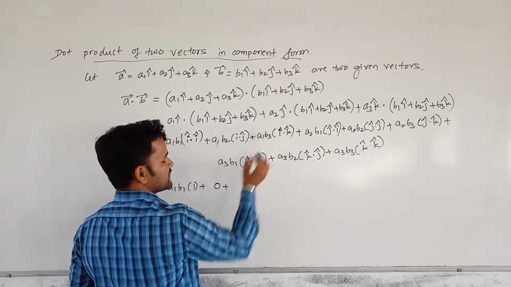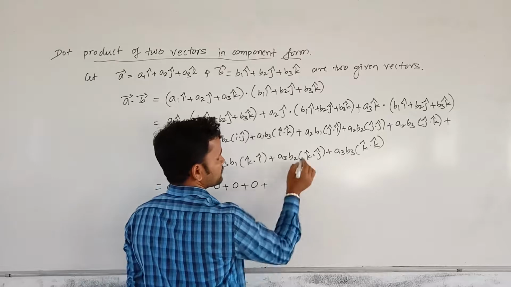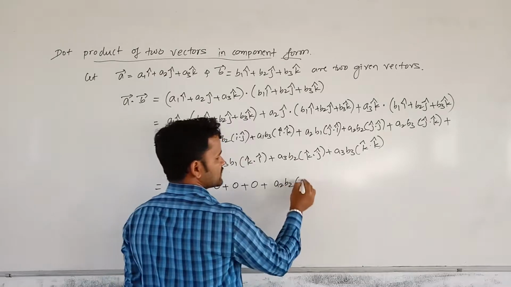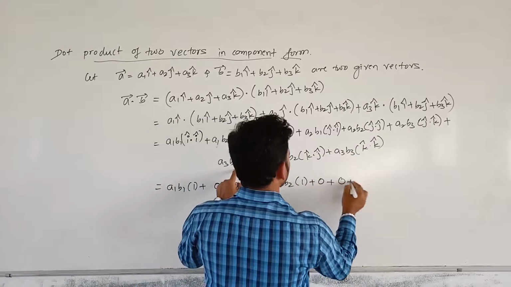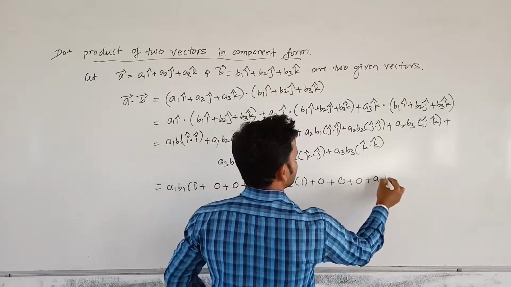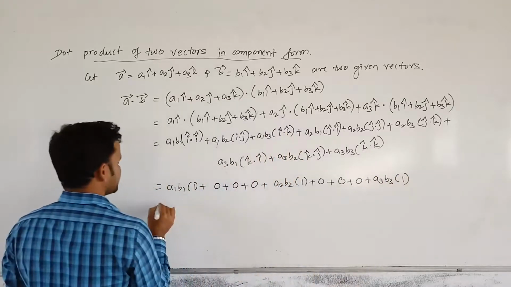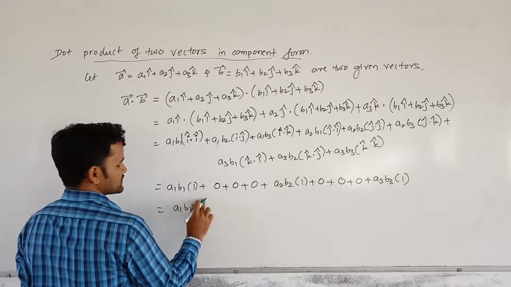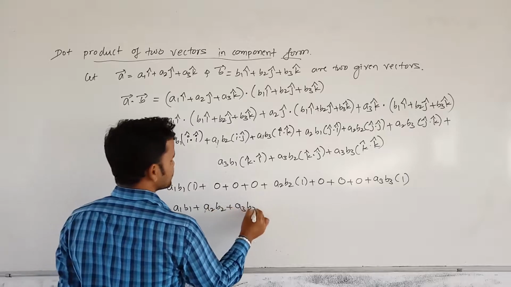In the same way, i dot k is 0, j dot i is 0. A2 B2 into j dot j is 1, plus the next terms are 0, 0, 0. A3 B3 into k dot k is 1. So we write A1 B1 plus A2 B2 plus A3 B3.